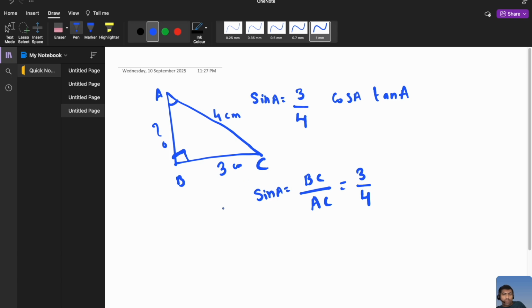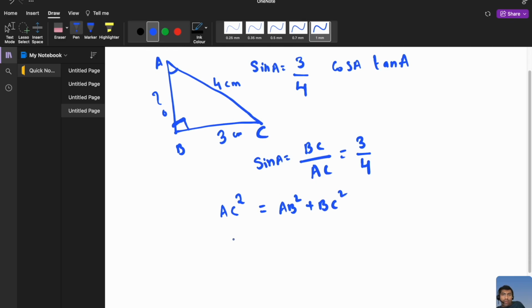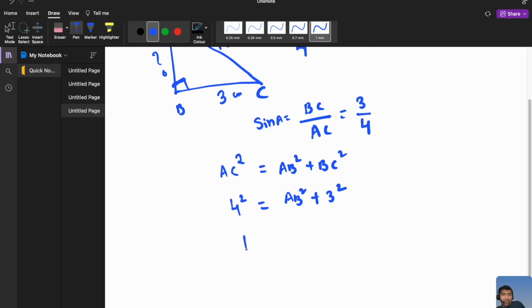We know Pythagoras theorem: hypotenuse squared, and the hypotenuse in this triangle is AC, is equal to the sum of squares of the other two sides, that is AB square plus BC square. So AC square is 4 square, AB square we need to find out, BC square is 3 square. So 16 is equal to AB square plus 3 square, which is 9.